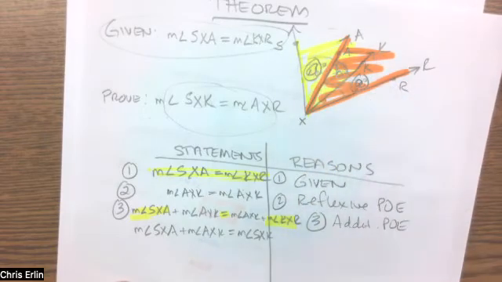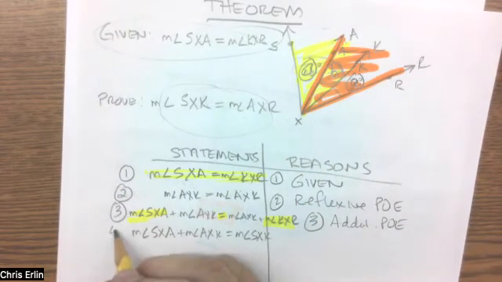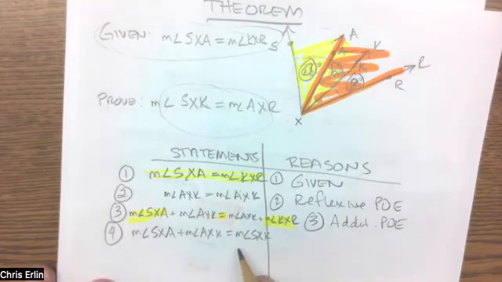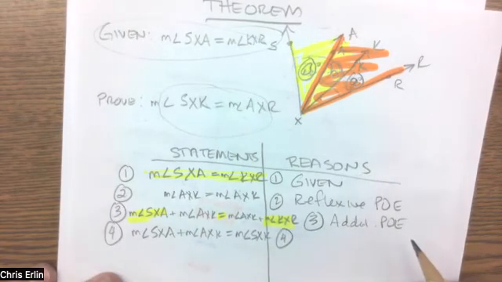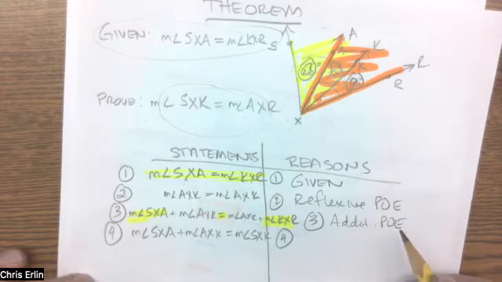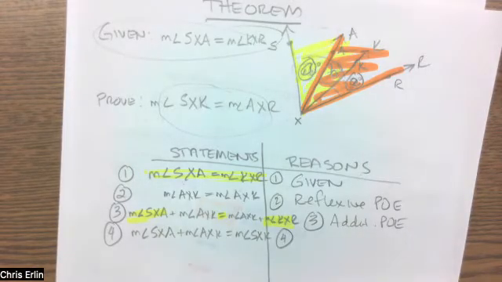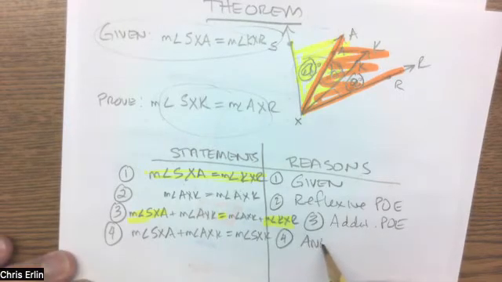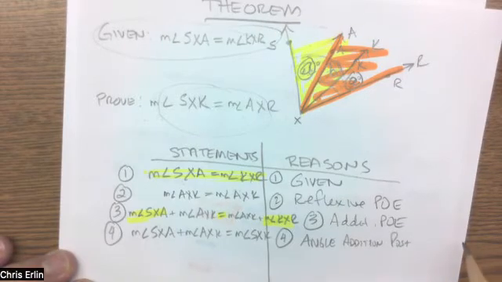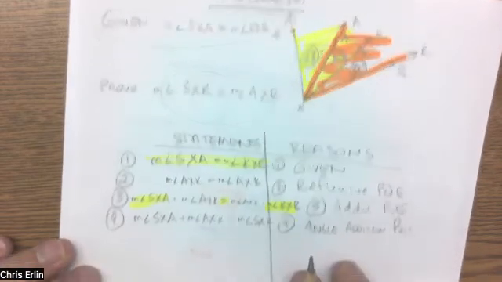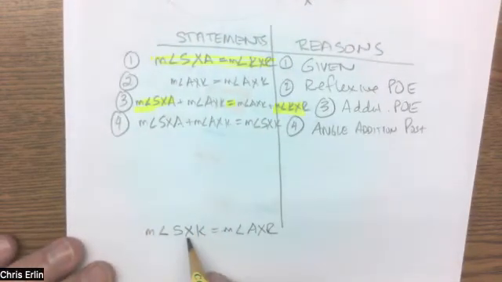We saw that we could add those pieces together. And if on the other side it was called the segment addition postulate, what do you think we call it here? That's it. Angle addition postulate. Now we've got SXK in the game. That's what we want, because here's SXK.